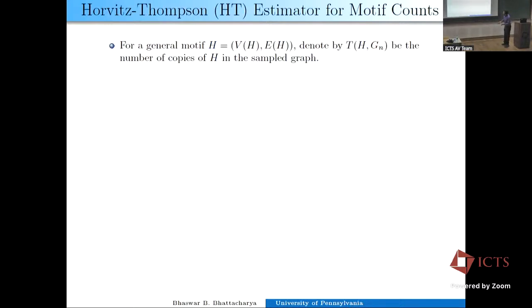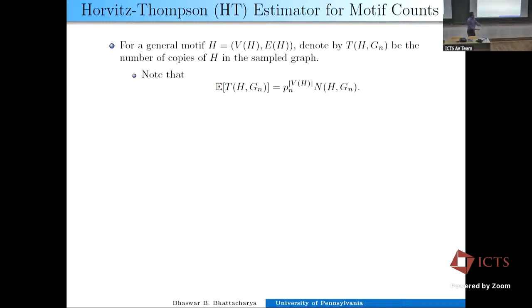And so more generally, we can come up with a very natural estimate for estimating any motif. So you fix a motif, let's say now a triangle. What's the chance a triangle is observed? All the 3 endpoints have to be observed. So the expected value of the number of copies that you see in the sample is p to the power number of vertices, times the total number of copies, right? So if it's a triangle, p cubed times the total number of triangles.